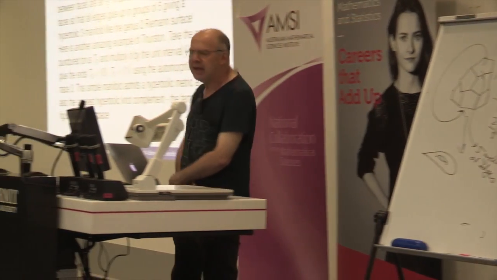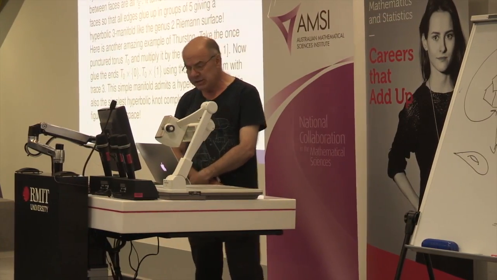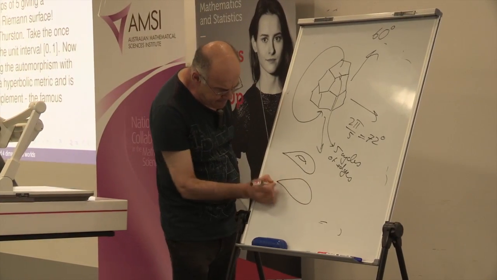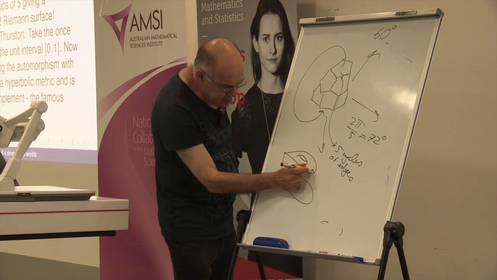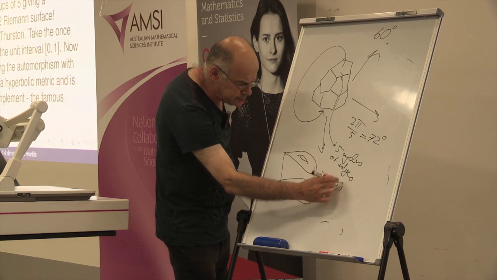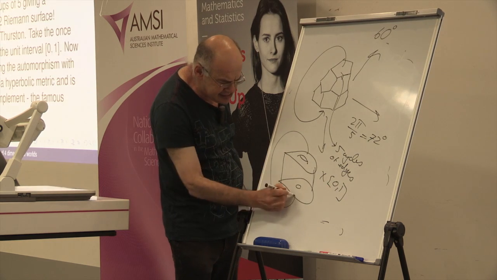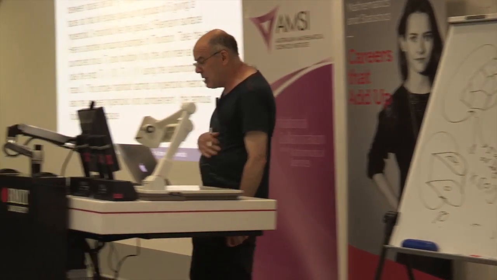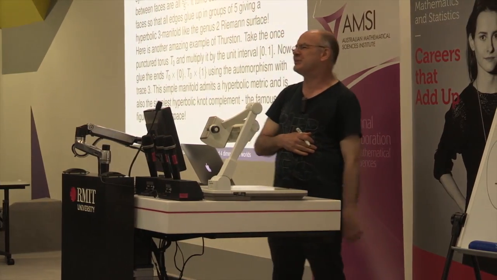So suppose I take the torus and remove a point, and now multiply it by an interval, cross [0,1]. Now glue the ends together by an automorphism. The automorphism I choose is the one with trace 3.